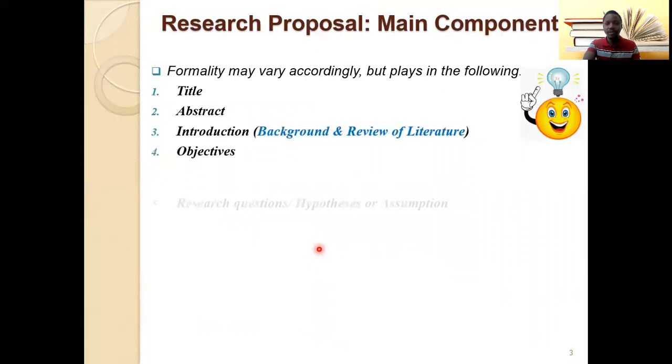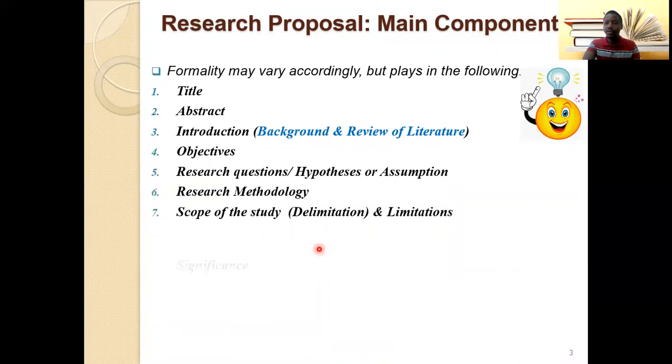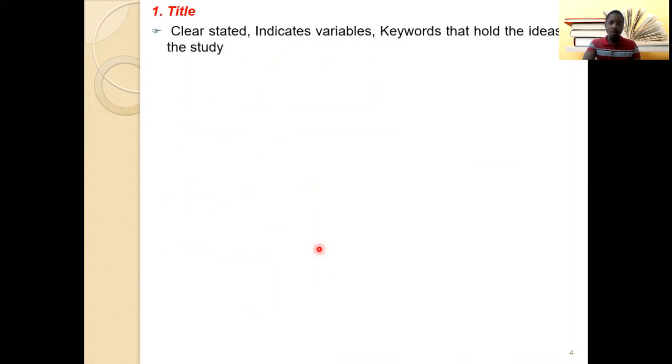So these are the main components of this research proposal, as I said. I have tried to mention them to you, and now I am going directly into what each component contains. We have the first one, which we call the title. While preparing your research, first of all, you need to have an idea.